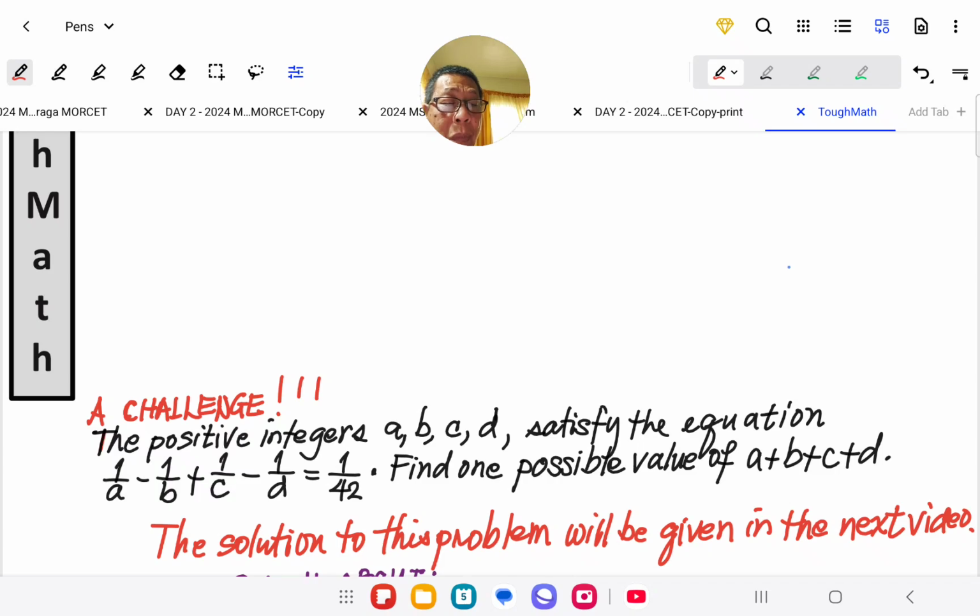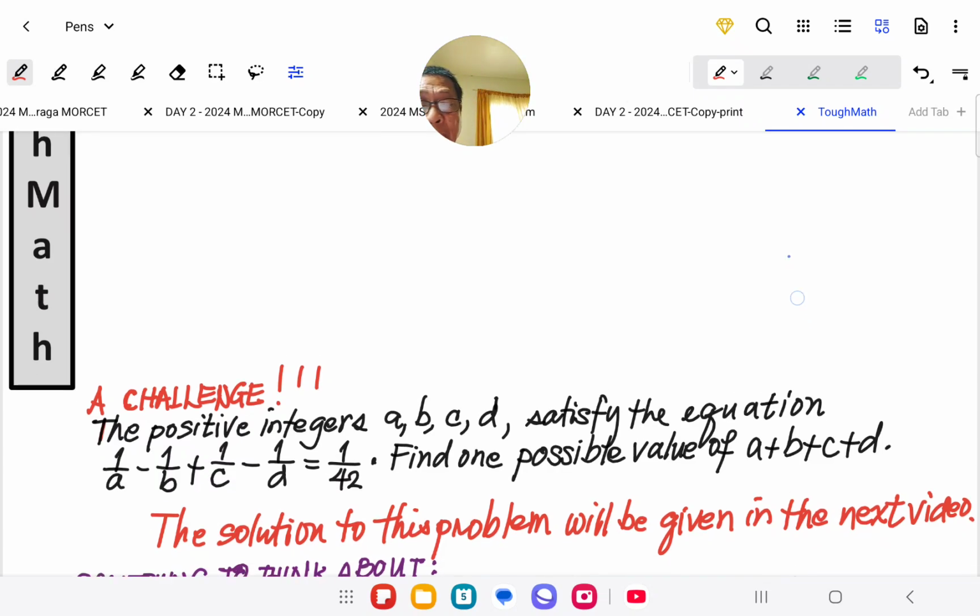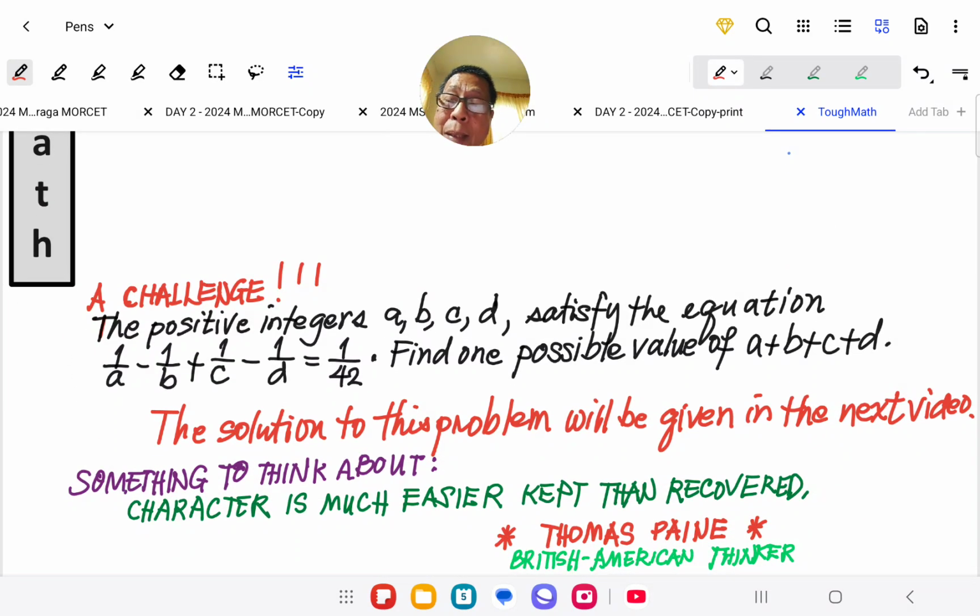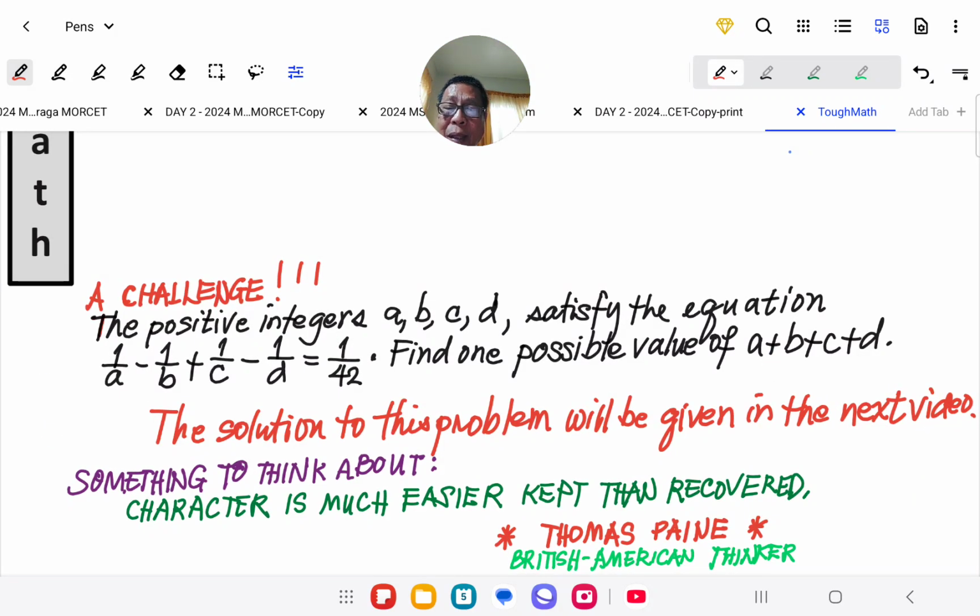Find one possible value of a, b, c, d. So I challenge you to solve this problem before viewing the solution, which will be given in the next video.